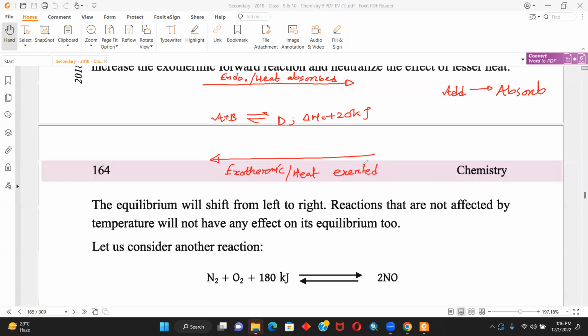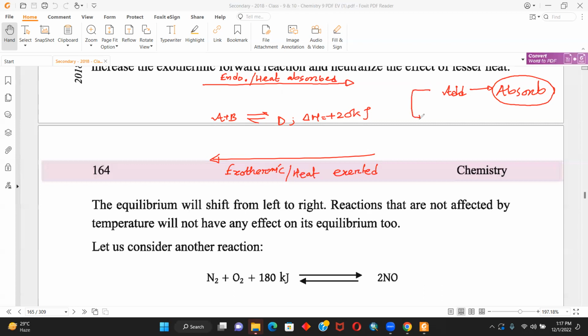Now see, whenever I'm adding heat, its neutralizing factor is absorbing the heat, right? Yes. So in which direction is heat being absorbed? In the forward reaction.